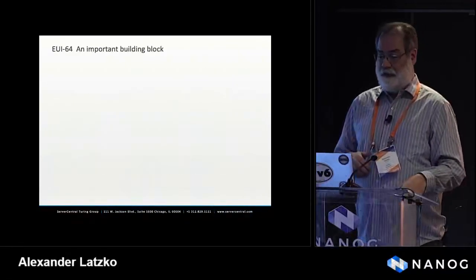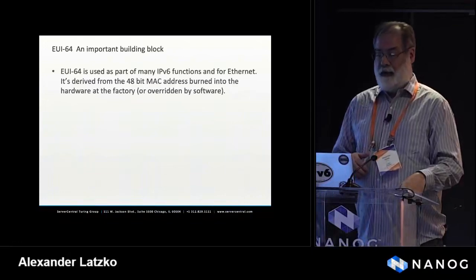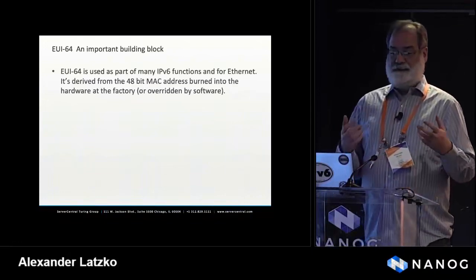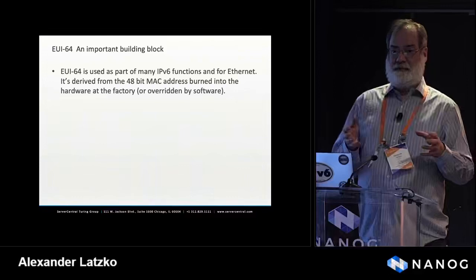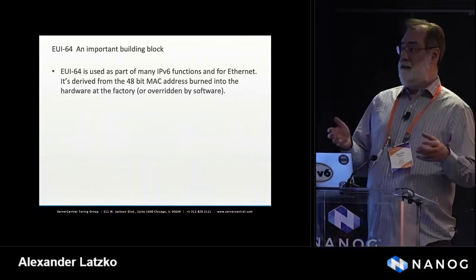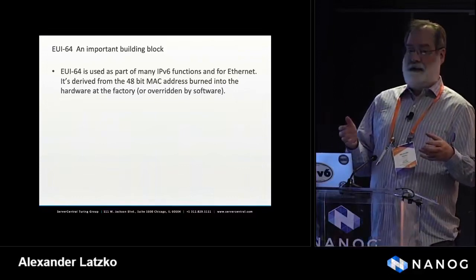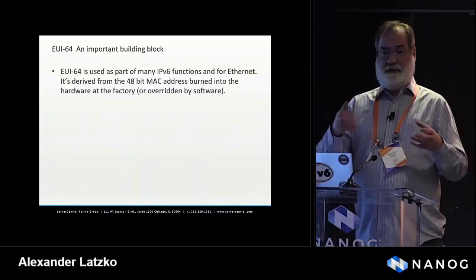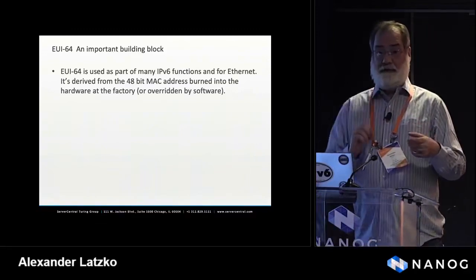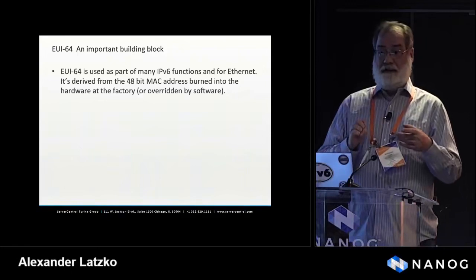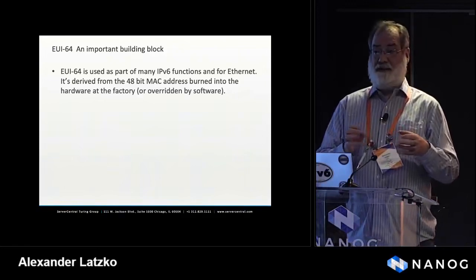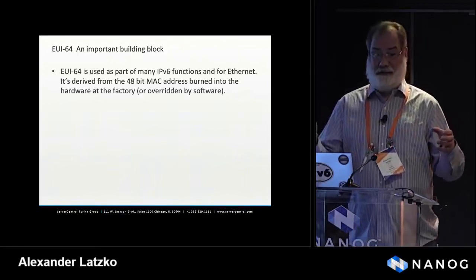EUI64 is the basis and function. Now, everybody here is happy with CIDR address format. So you're used to having a /32 as one address. Well, in IPv6, /32 is a lot of space.